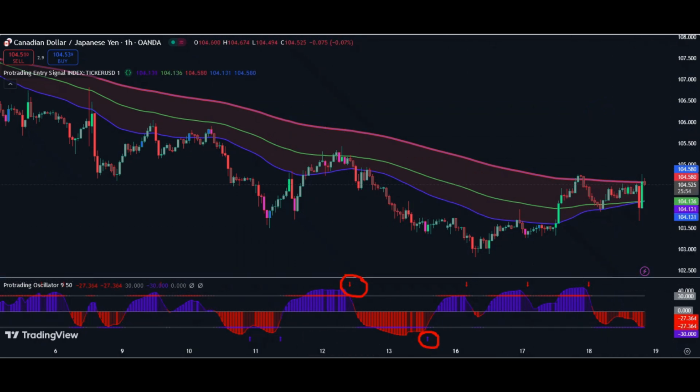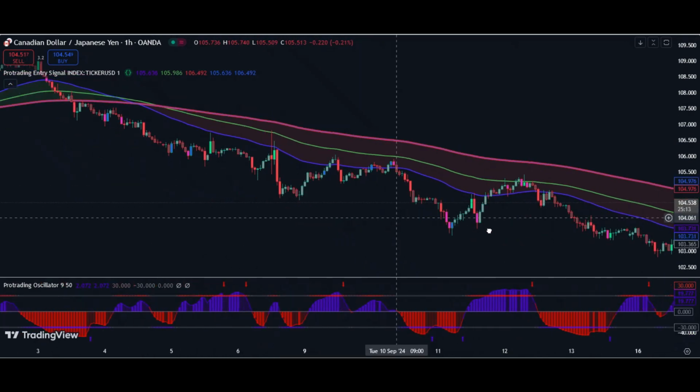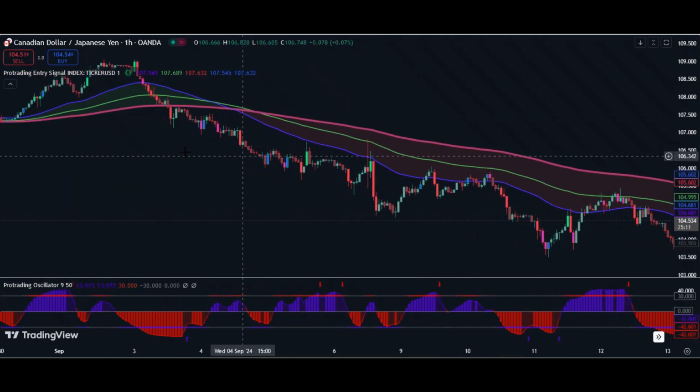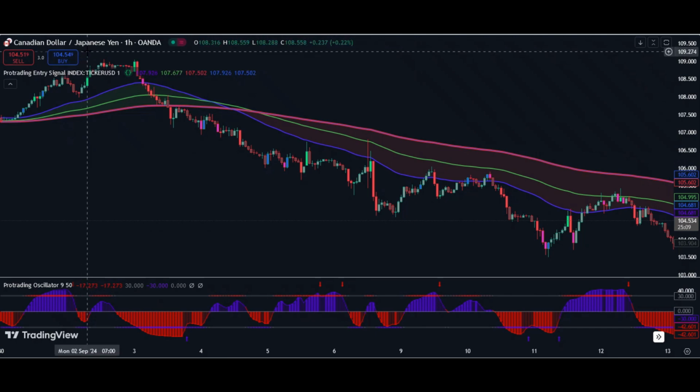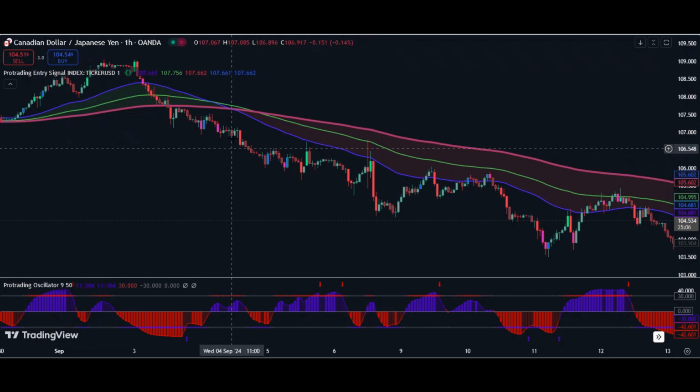Once you have this, it is now the point for us to understand how to use these two indicators to formulate our strategy. From what I've explained previously, if you look on this chart, this is the Canadian dollar against the Japanese yen.